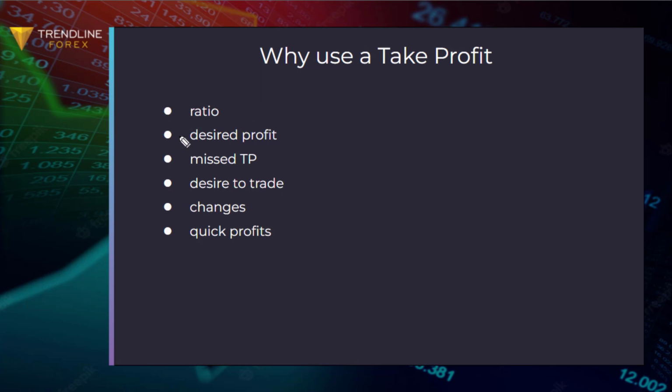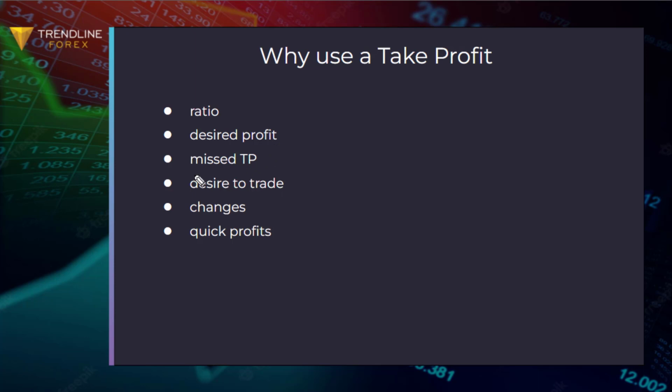And there's a few more points which are very common mistakes when it comes to placing the correct take profit. One of them is the desired profit, or basically how much you want to make on each one of your trades. And that's when you don't place your take profit based on your analysis the way it should be, but you place your take profit based on how much you want to make out of every trade that you take.